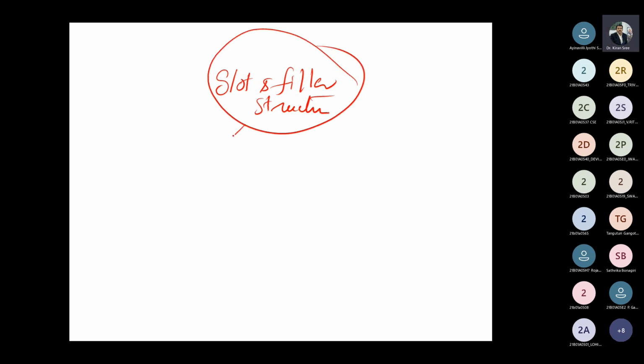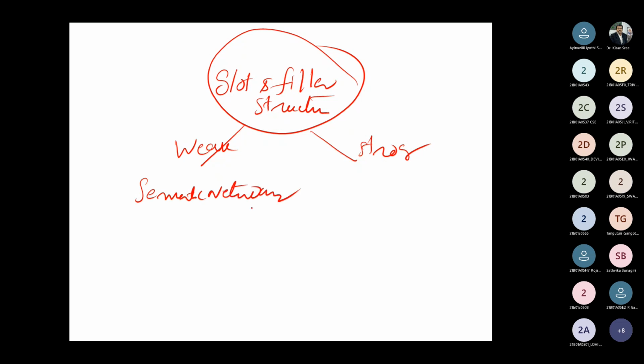Slot and filler means you have something called weak, you have something called strong. Strong way of representing knowledge, weak way of representing knowledge. Weak way is semantic networks. Weak way is frames. Weak way is extended semantic networks.